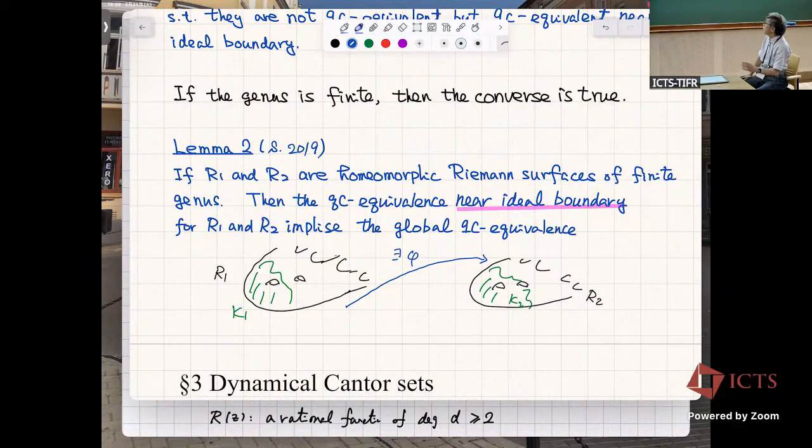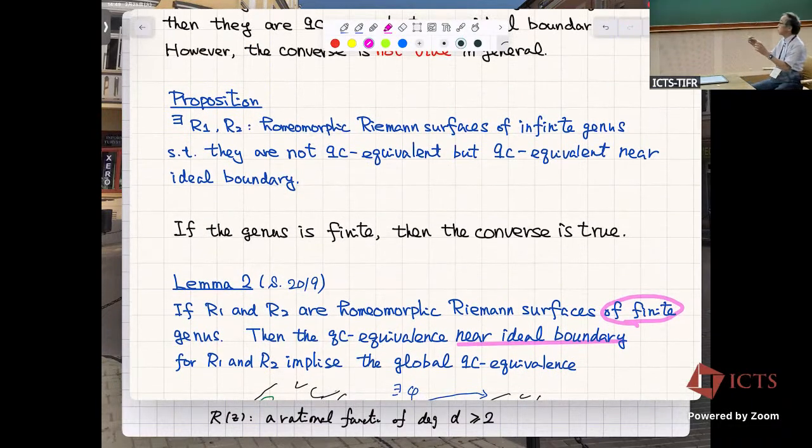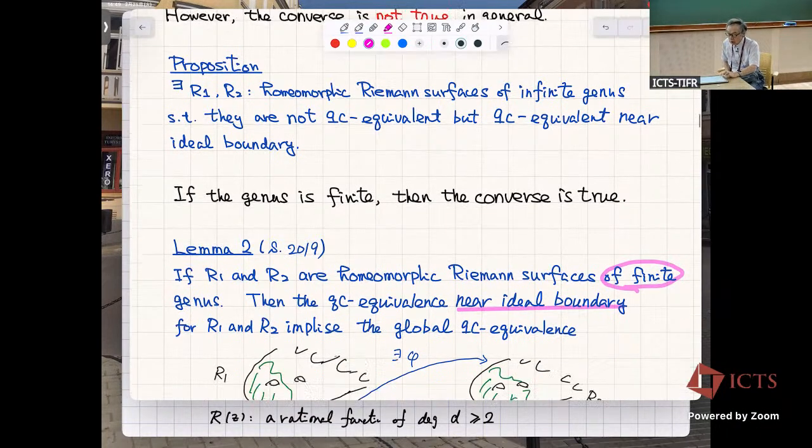Then the conclusion is both Riemann surfaces are quasiconformally equivalent. That means there is a quasiconformal mapping from the whole R1 to the whole R2. But we assume that the Riemann surfaces are of finite genus, because we have a counterexample if the genus is infinite: they are homeomorphic and outside some compact subsets they are quasiconformally equivalent, but they are not quasiconformally equivalent. So we can construct such a counterexample, and we need the Riemann surfaces to be of finite genus.